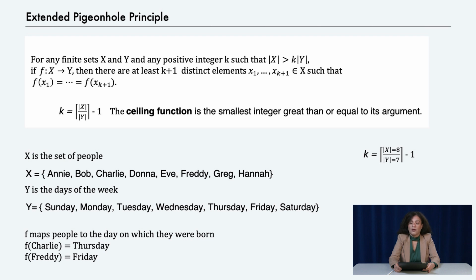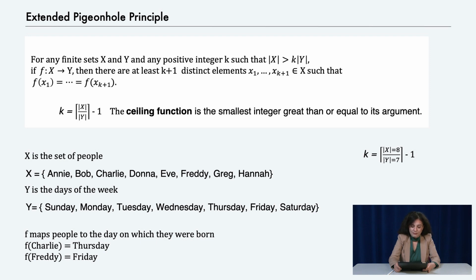So for example, when we had 8 dinner guests, that's the cardinality of X, and 7 days of the week, when we divide that, we have 1 and 1/7, but the ceiling function will round that up to the smallest integer greater than 1 and 1/7, which is 2. So for this extended pigeonhole principle, the k will be the ceiling of the cardinality of X divided by the cardinality of Y, minus 1.